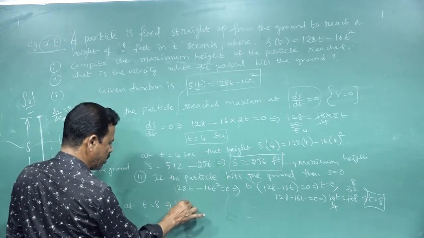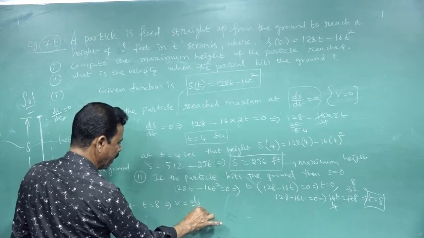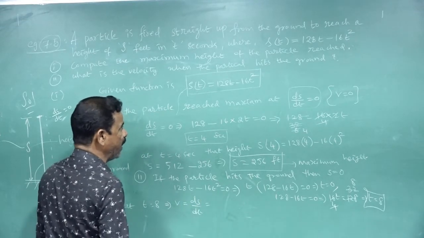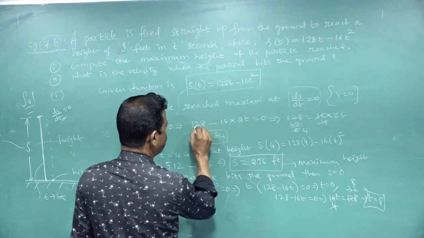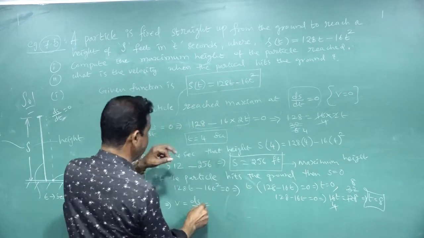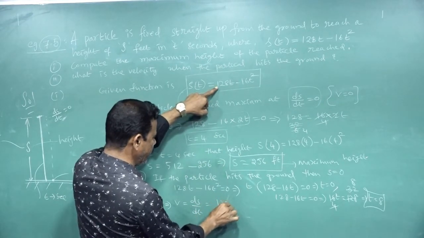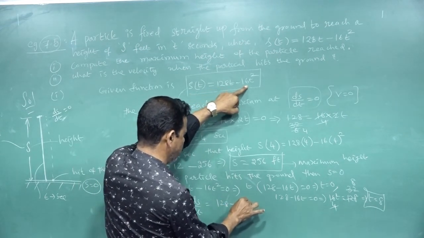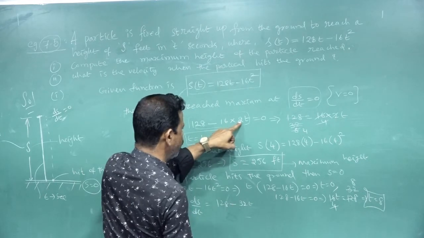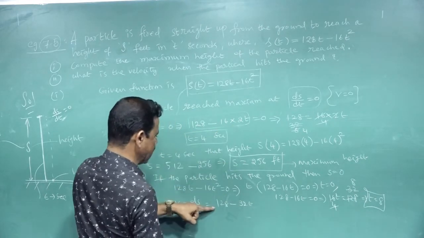Velocity means v is equal to ds by dt. So this value ds by dt, where? This one, ds by dt. So 128 minus 32t, 16 into 2, 32t, 128 as it is.